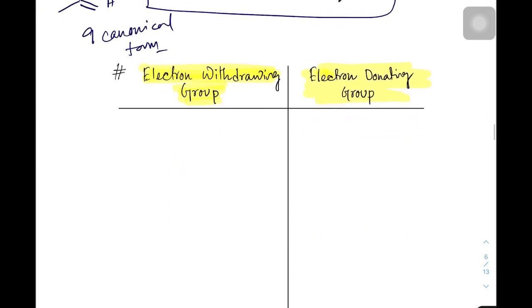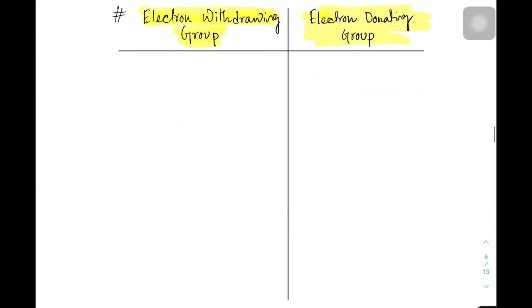Now come to the stability of a radical when a withdrawing group is present adjacent to that radical, and a donating group adjacent to that radical. Now take a compound like this. So there is a withdrawing group adjacent to the radical, and another example, suppose this, there is an electron donating group adjacent to the radical.